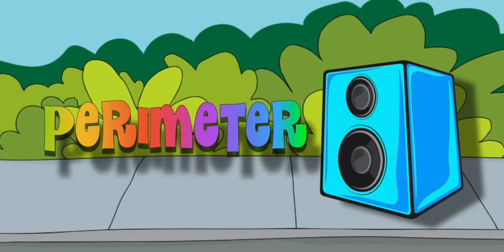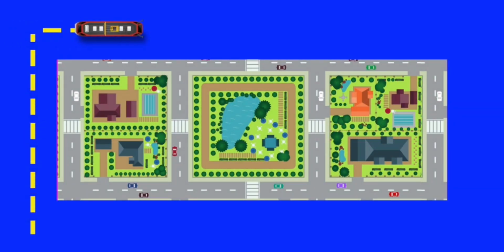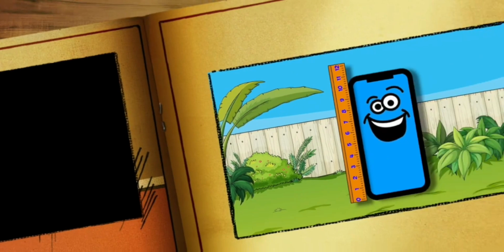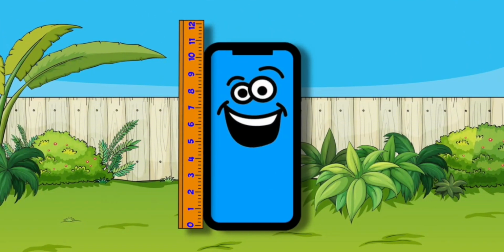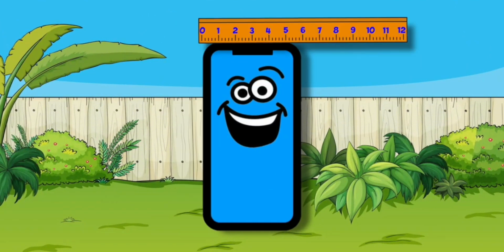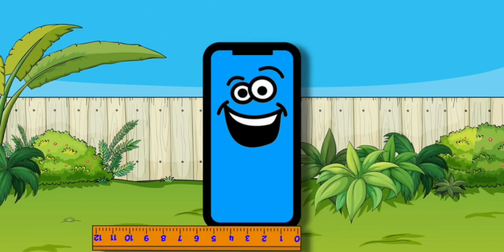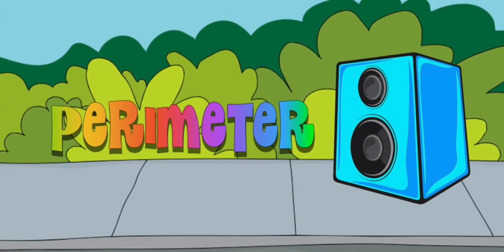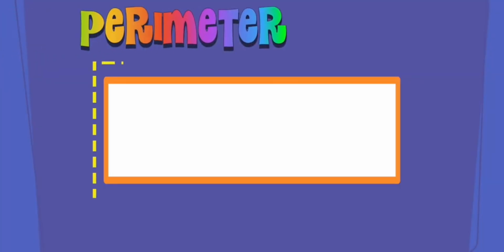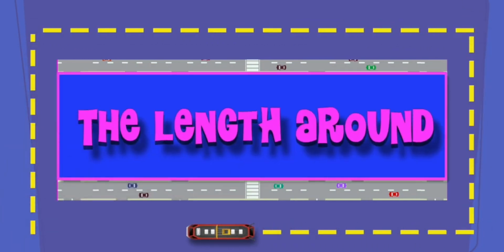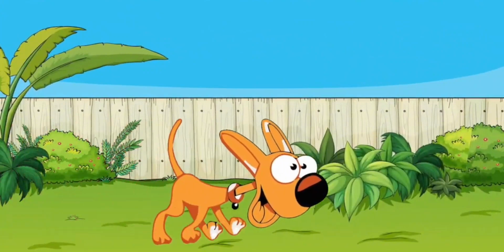Perimeter, now that's the sound. Perimeter, the length around. Perimeter tells us the whole length around. It measures the outside, the walls or the ground. My dog and I walked around the backyard.